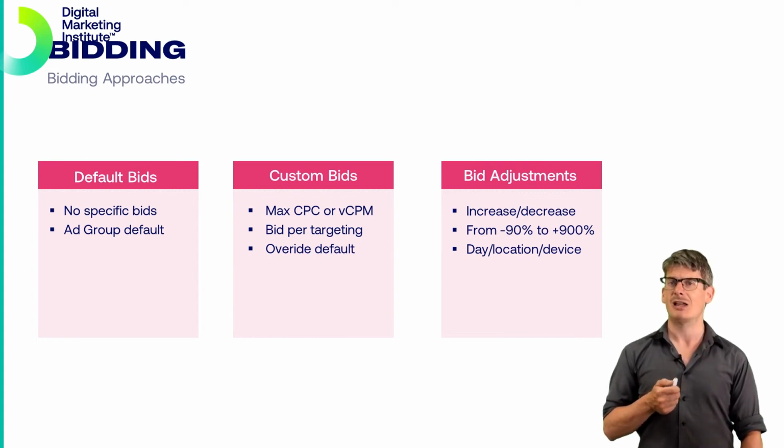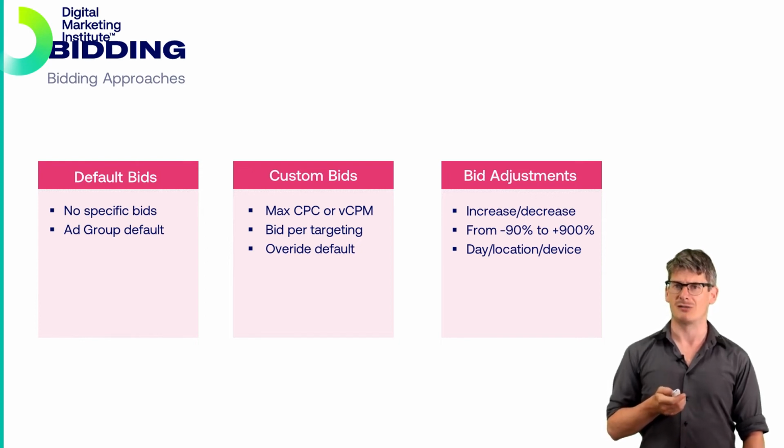So for example, if you've doubled up on audience and contextual targeting, you might say, I want to target people who are in the market for SEO and SEM services, but I'm willing to pay 10% more if they're on a website that contains the topic SEO or SEM.